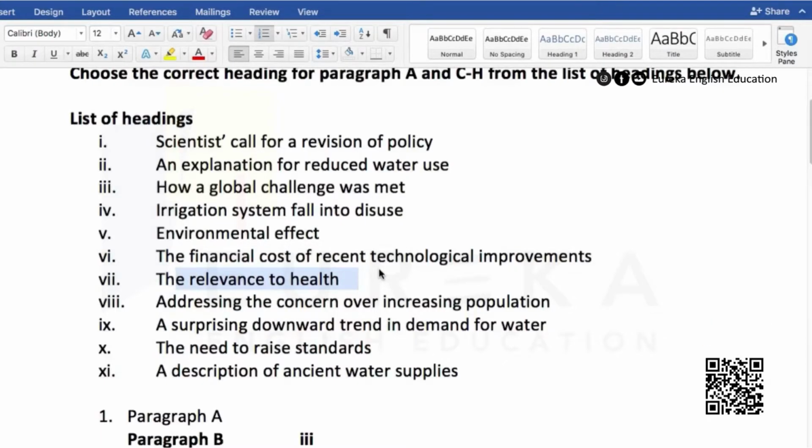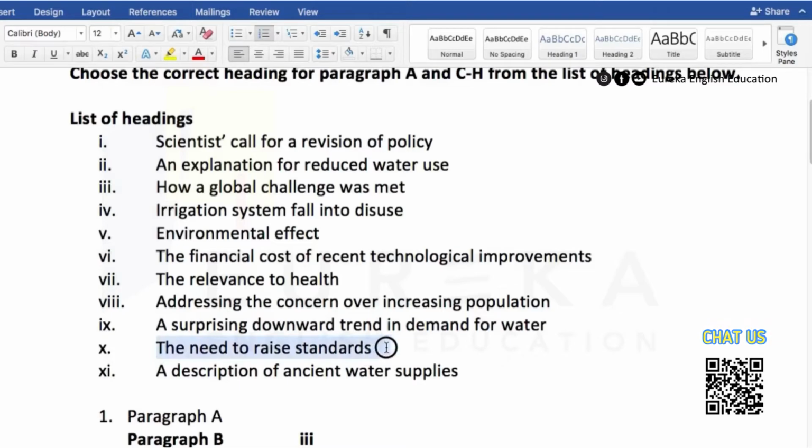If you remember, the paragraph describes the supply of water, history, civilization, and those kinds of things. Addressing the concern over increasing population, not so much. A surprising downward trend in the demand for water: it talks about water, but I don't think it talks about a downward trend.